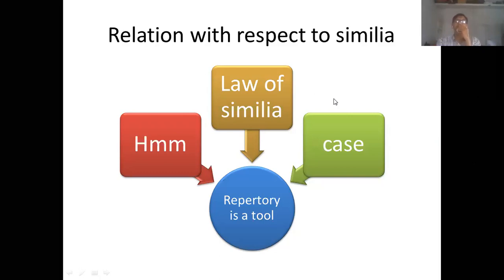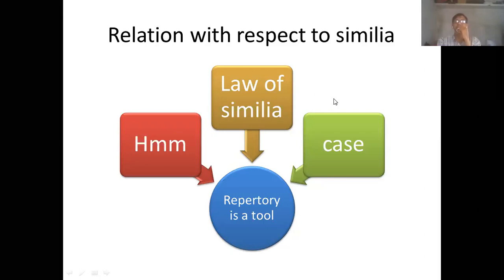And this matching of natural disease and artificial drug disease is very, very essential according to the law of similia. Only when we match this image of natural disease and the image of artificial drug disease does this law of similia become operable. It becomes an operational law.